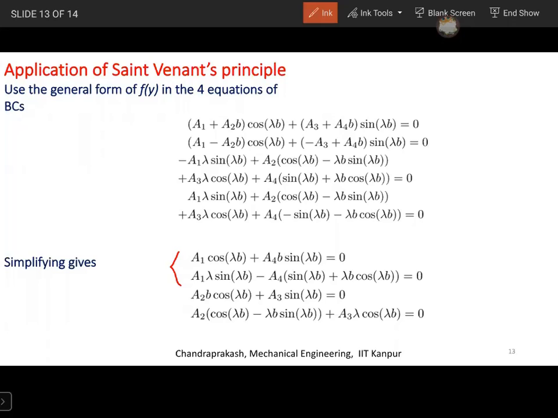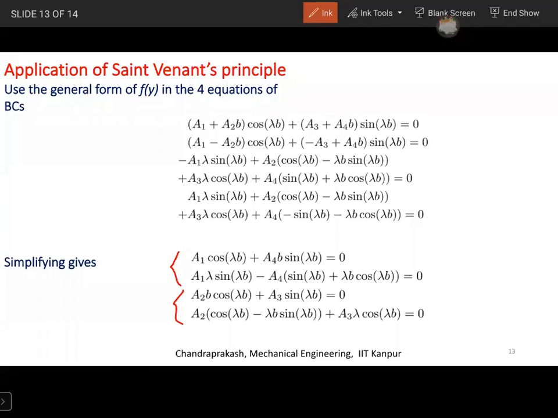And the last two equations have a2 and a3, which were the coefficients of the asymmetric functions. So although we have four independent equations, the first two form a set and the second two form a set. In the first two equations there is no a2 and a3, and in the second two equations there is no a1 and a4. So we have basically two sets of homogeneous equations, each set containing two equations.